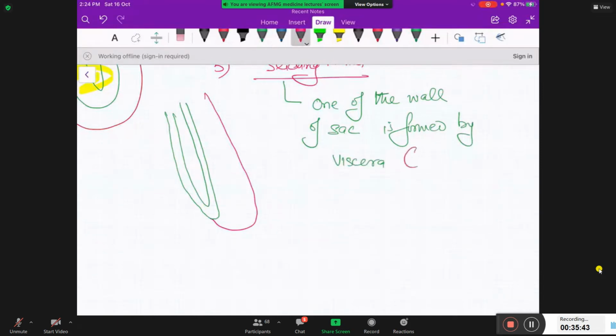Most of the time it is the posterior wall which a viscera is forming. So one of the walls of the sac in a sliding hernia is formed by a viscera.